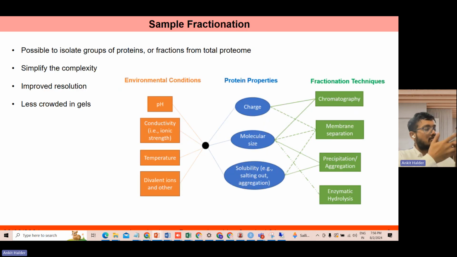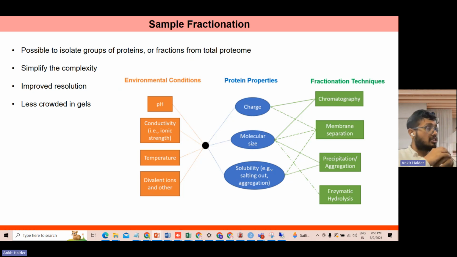Now, as we have mentioned, the protein is safe. You have got the particular cell lysate. Now, if you want to analyze those proteins on a gel or any other downstream analysis, then one thing that can be done is fractionation. Because if you have broken down a cell and taken the protein constituents out, then it contains a complex mixture of proteins of varied lengths, varied molecular properties, and varied functions which they perform in the cell.